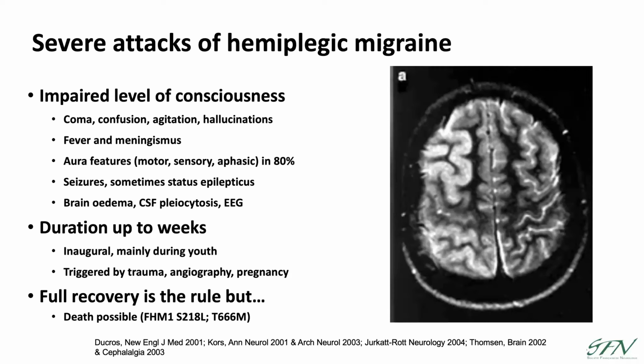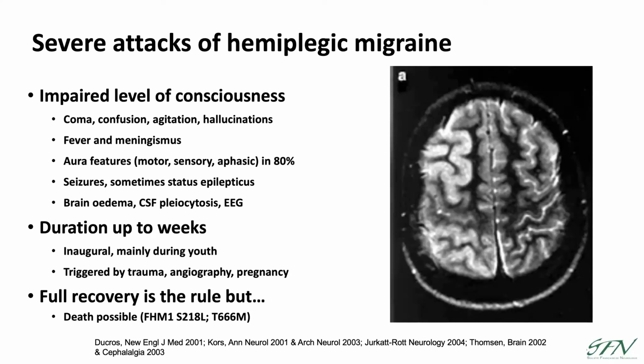What does it mean? It means that in addition to the typical aura symptoms, motor, sensory, aphasic, they will have an impaired level of consciousness. It can be confusion, agitation, but sometimes it's a loss of consciousness and a coma.